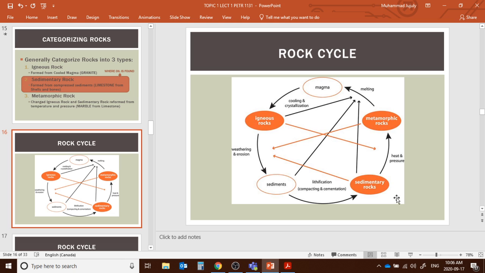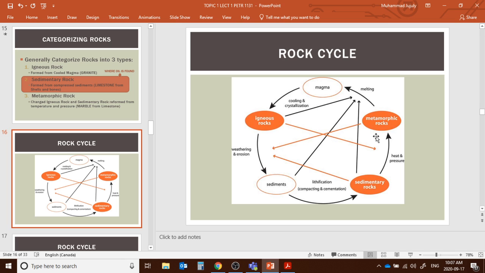Now these sedimentary types of rock could undergo heat and pressure, and transform into another type of rock, and that is the metamorphic rock.